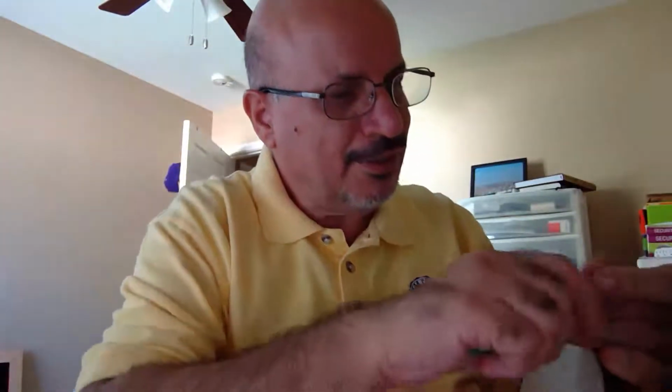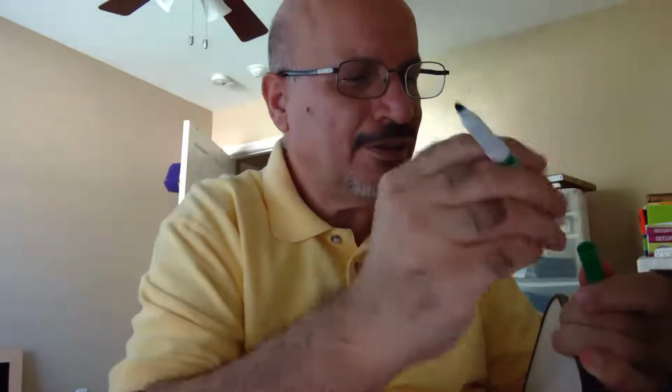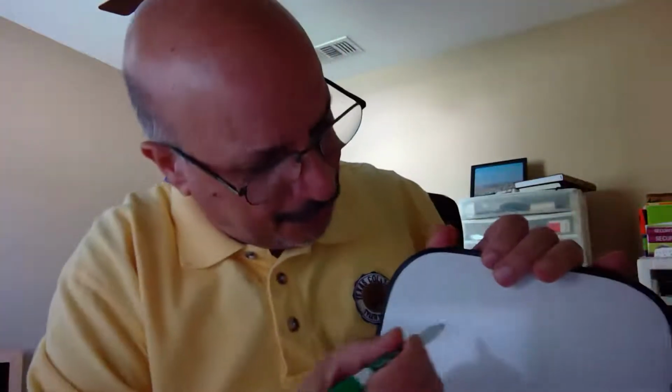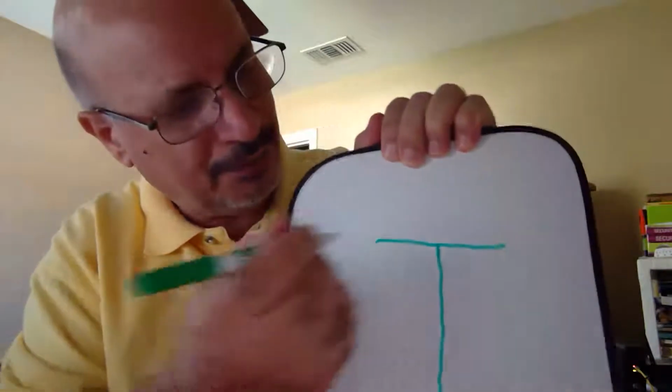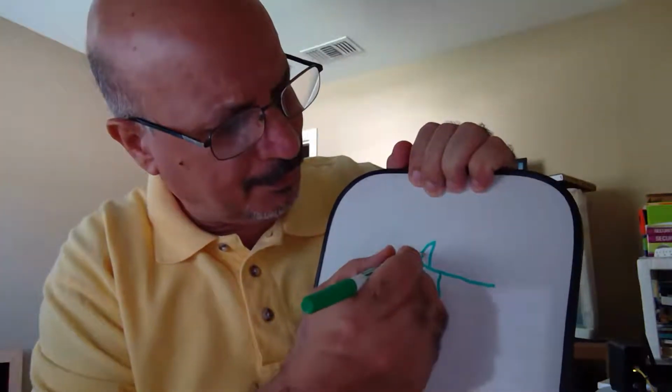It's called a T account because it looks like the letter T. Let me just do that for you and show you. You're going to draw a letter T like that, and you're going to put the name of the account on the top.